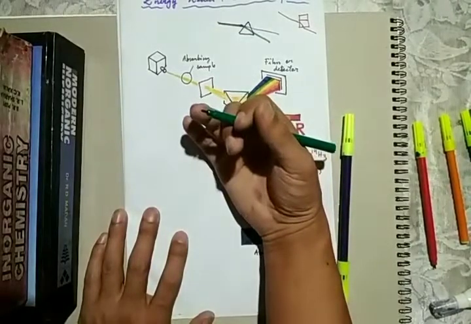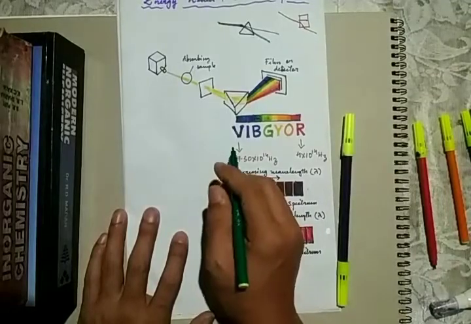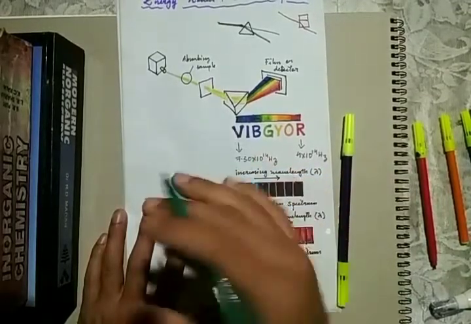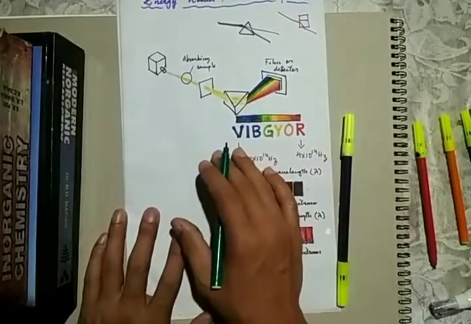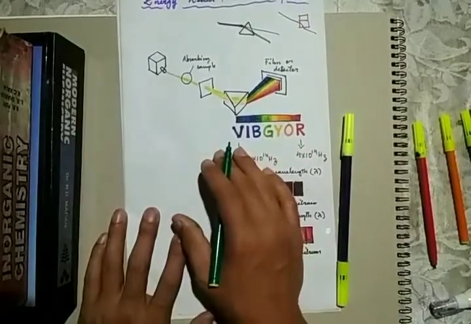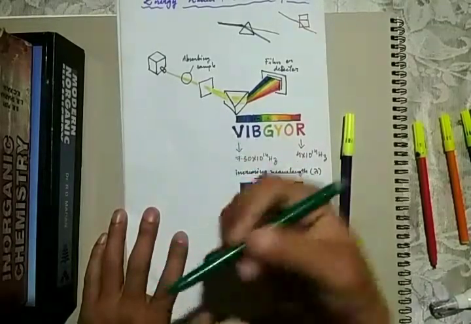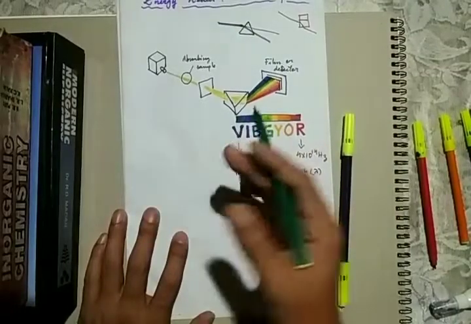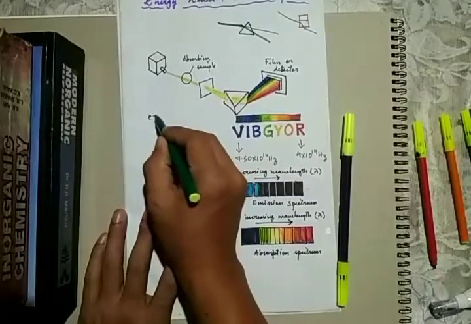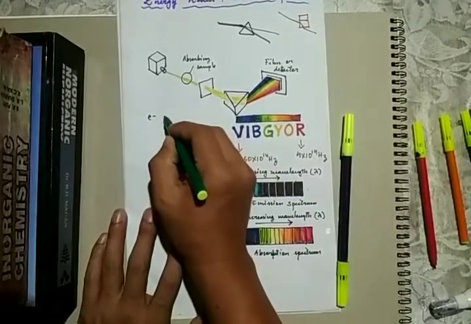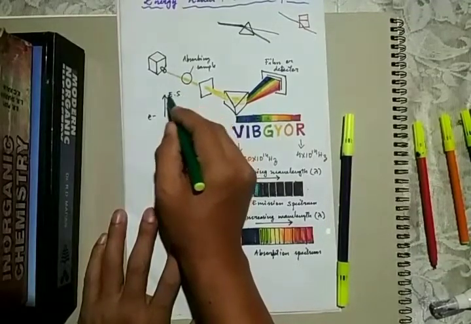Let's discuss one more thing. An object, or atoms or molecules, can absorb electromagnetic radiation and get excited to higher energy levels. For example, electrons can get excited to a higher energy level, the excited state.